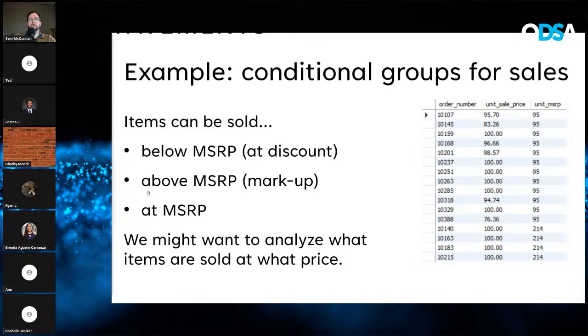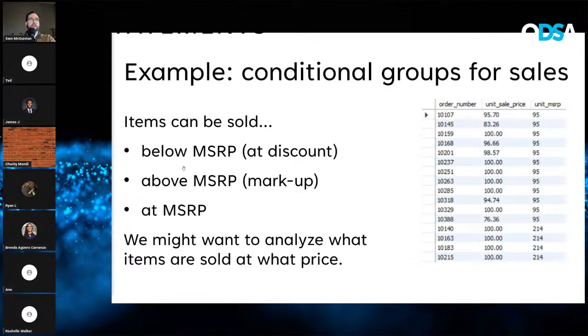And so it's helpful to framework out what your case statement is going to look like at the beginning. So you write your case and then you'll start to write your lines, and each line will correspond to each of these rules. So there will be one line for below MSRP, there will be a line for above MSRP, and there will be a line for at MSRP.